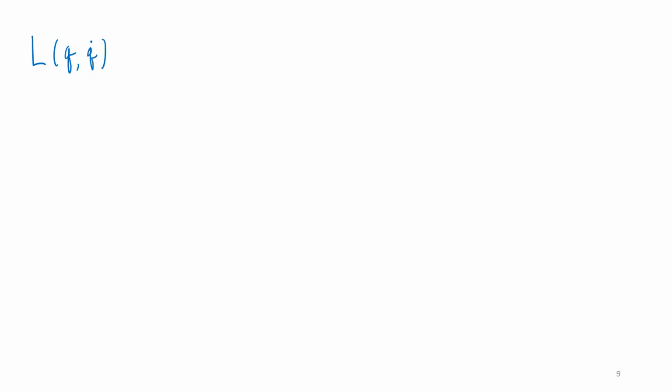Then the Legendre transform gives me this function that I call H, the so-called Hamiltonian. I'm going to use this transform to get rid of the variable q dot and replace it by a variable that we call p.